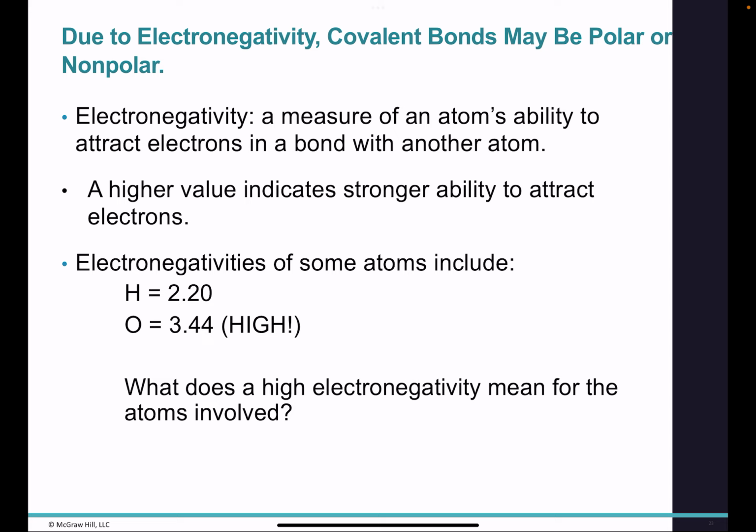Electronegativity is simply the ability of the atomic nucleus to keep an electron pulled towards itself. In other words, if it is interacting with another atom and sharing an electron to fill its valence shell, electronegativity is a measure of how strongly it's going to pull that electron towards itself.